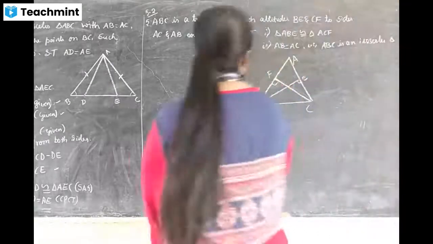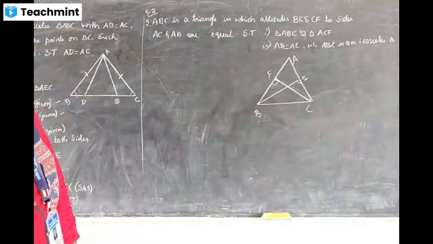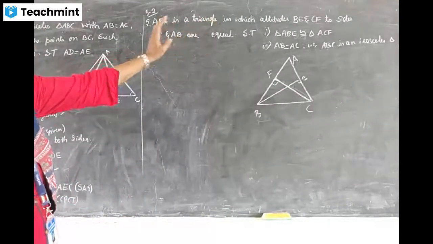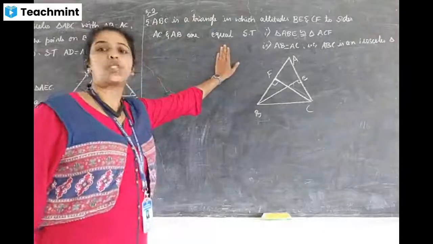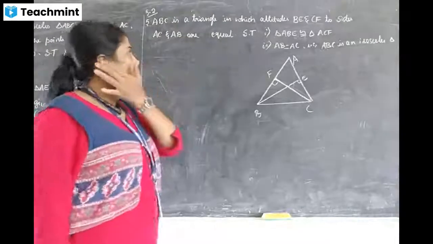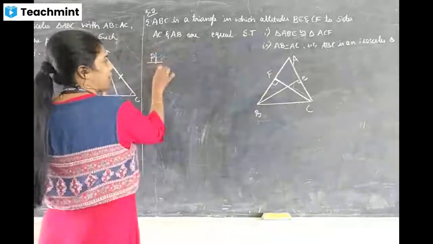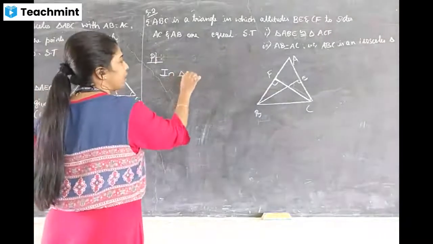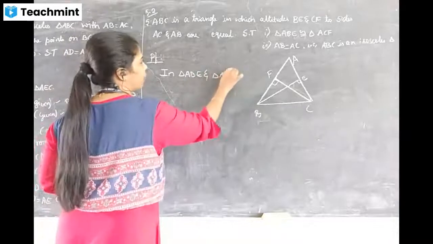Okay. First, they said to select two triangles. ABC is a triangle in which altitudes BE and CF to the two sides AC and AB are equal. They said the given altitudes are equal here. Then we must select the triangles.